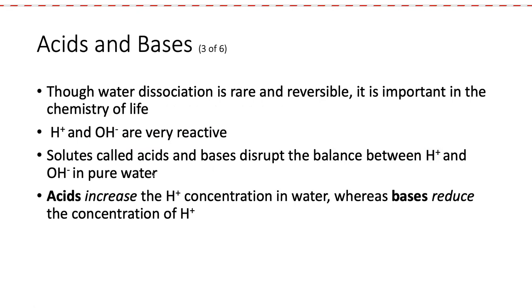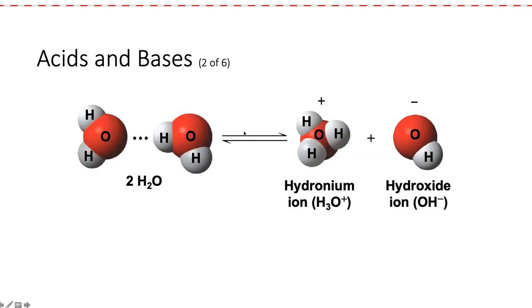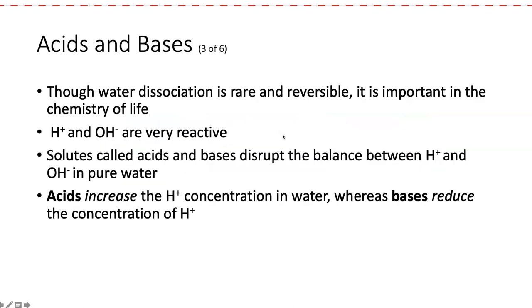Water can dissociate. It happens. It's not super common, but it's important. And it's also reversible. Remember, reversible means that the arrows go both ways. Here's the first time that I'm pointing out where a chemical reaction has the arrows going both ways. So remember we said that was reversible.